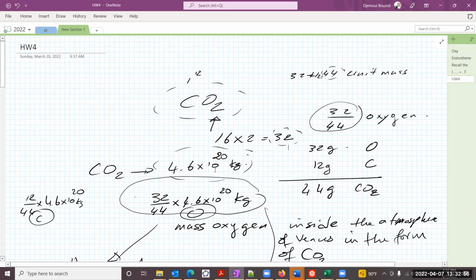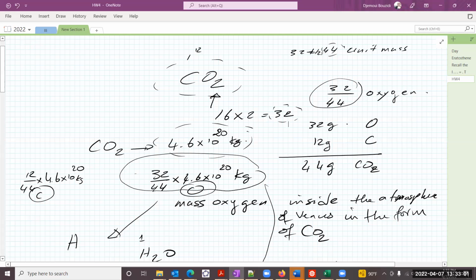So of the entire mass of 4.6 times 10 to the power 20 kilograms, 32 out of 44 is actually oxygen. So that's how much oxygen we're going to end up with if we do that operation: 32 out of 44 times the mass of the current carbon dioxide in the atmosphere.